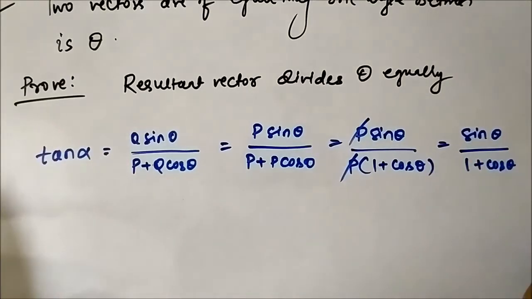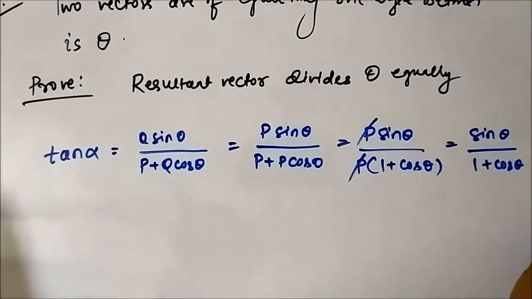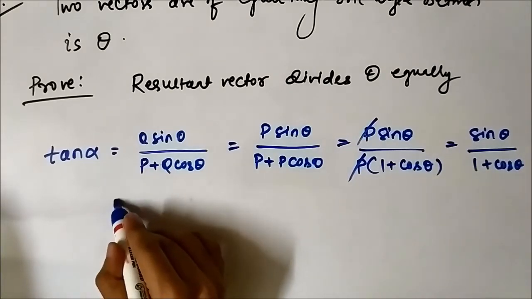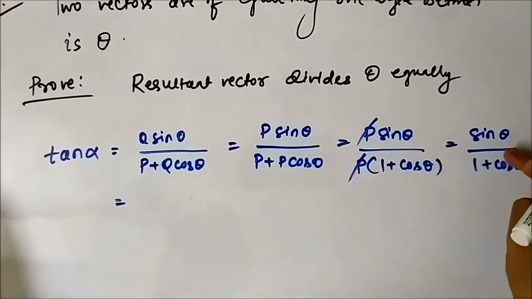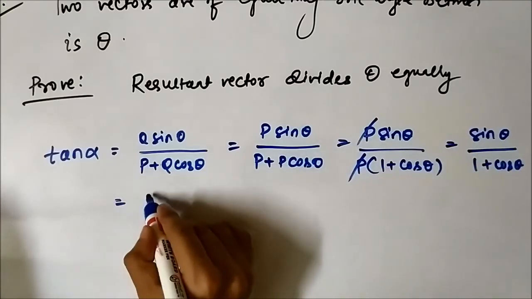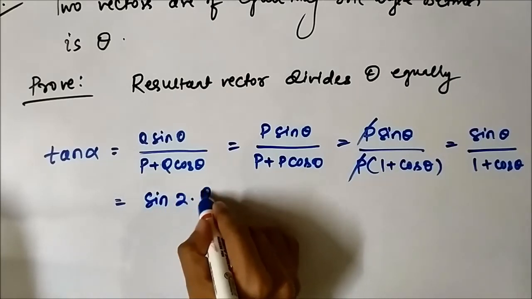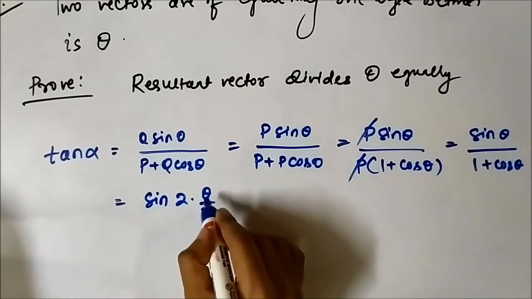Now we can write both the numerator and denominator in this way. We can write the numerator as sine 2 times theta by 2.